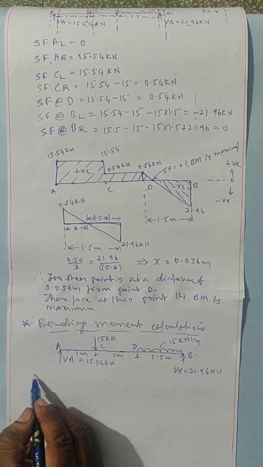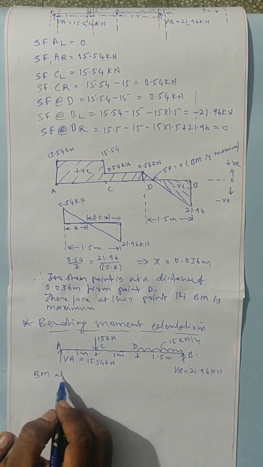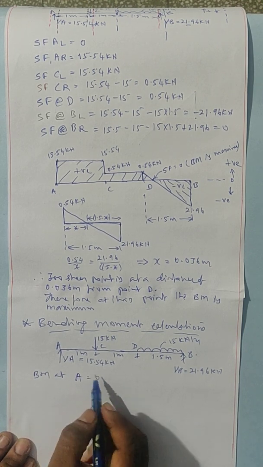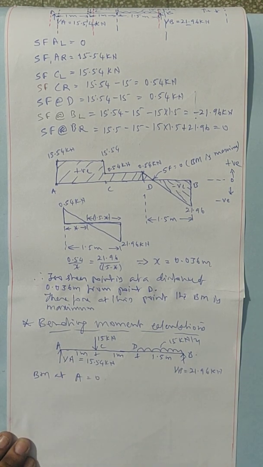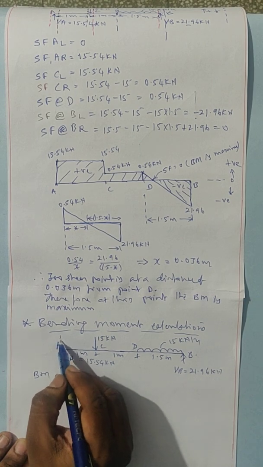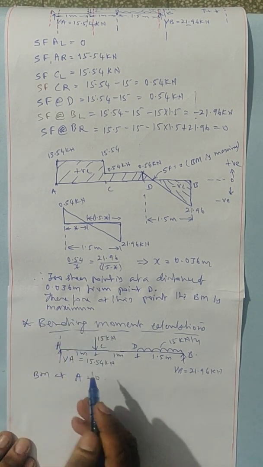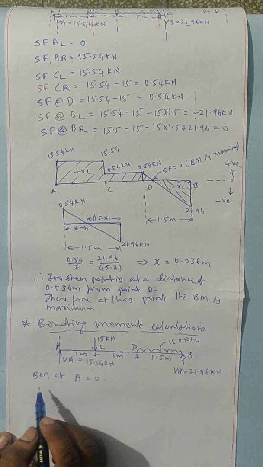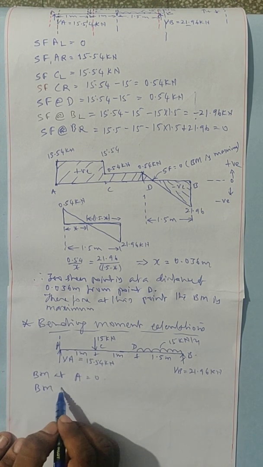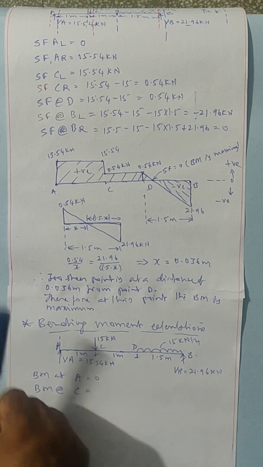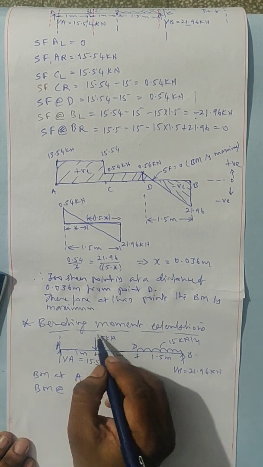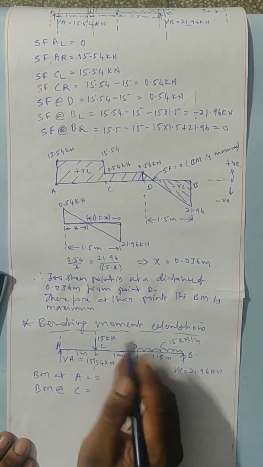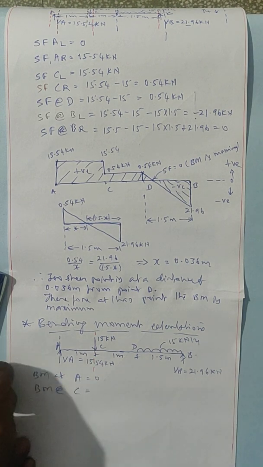See, I am writing now: bending moment at A equal to 0. At the extreme points the bending moment is 0 because I am considering the section here. To the left of the section there is no beam itself, therefore bending moment at A equal to 0. Next, bending moment at C: now my section line is here at C. I have to consider the left portion.